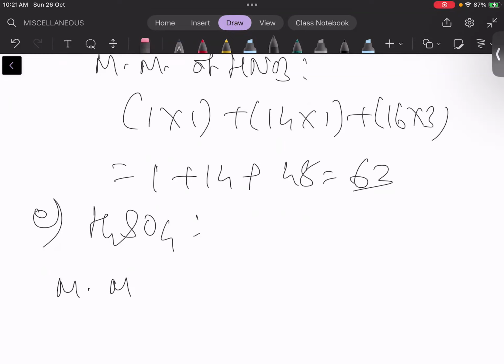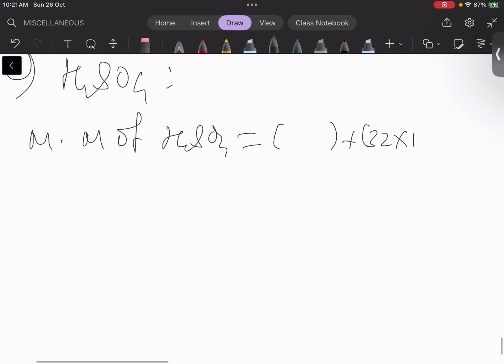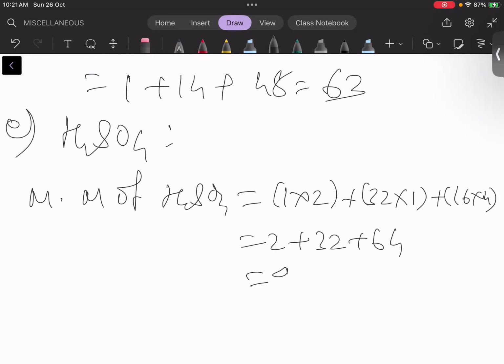So molar mass of H2SO4, that is equal to 1 into 2 plus 32 into 1 plus 16 into 4. So 2 plus 32 plus 64, nothing but 98.